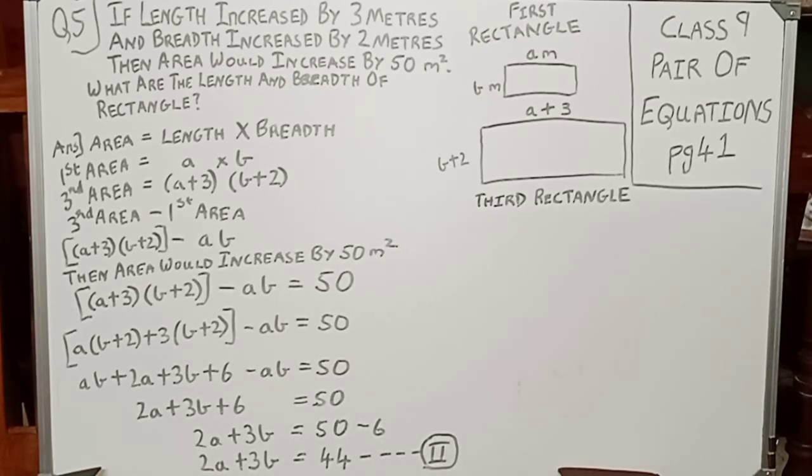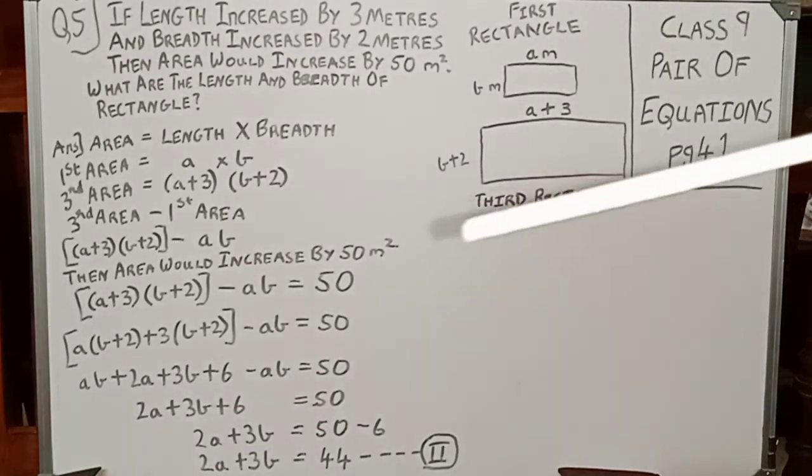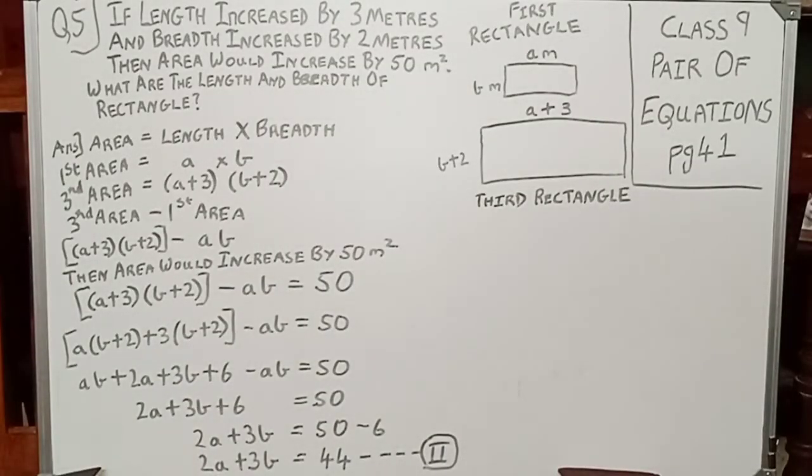So bigger bracket, (a plus 3) into (b plus 2), bracket close, minus AB is equal to 50. And these two brackets have a multiplication symbol between them.